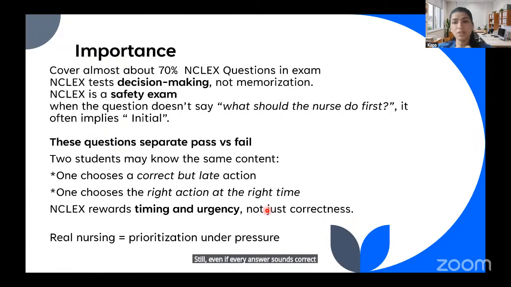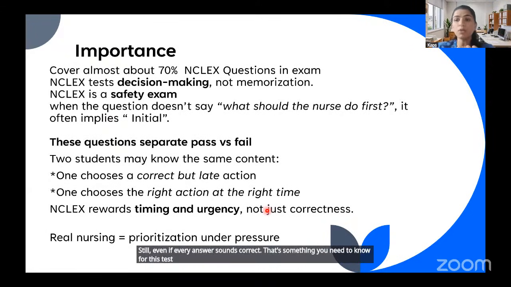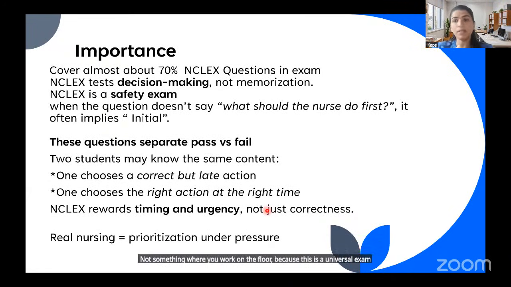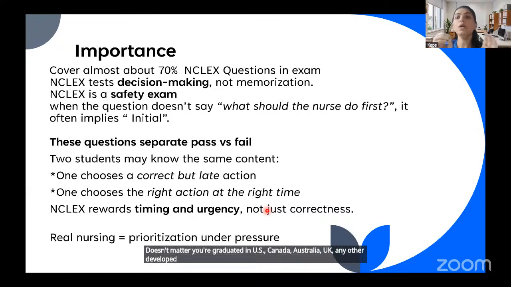That's something you need to know for this test, not something you read in the book or work with on the floor, because this is a universal exam. Remember everyone, it doesn't matter if you are an internationally graduated nurse or graduated in the US, Canada, Australia, UK, or any other developed country, you still shouldn't blindly apply the answer you see on the floor.